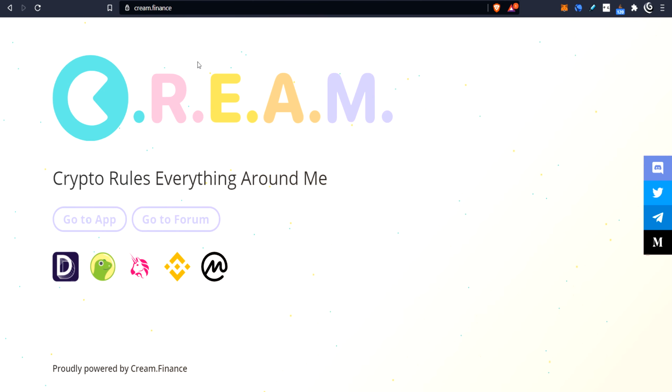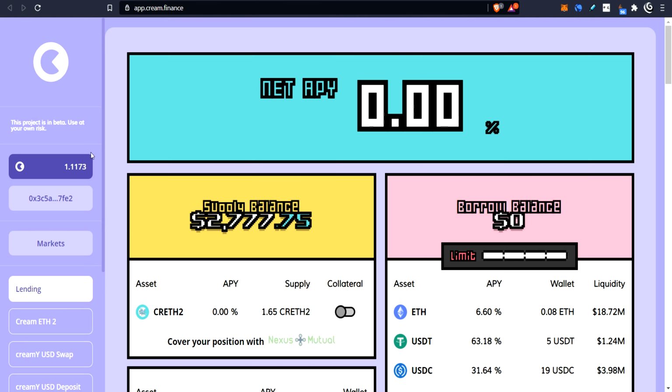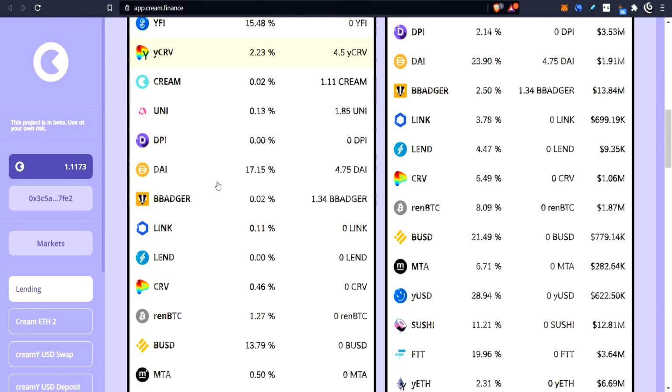If we go to the Cream website, it's cream.finance, and you'll be met with this page. You can go to the forums, ask questions, propose things and so forth, and we can go to the app. And here we are on the Cream platform. The Cream platform is quite good.